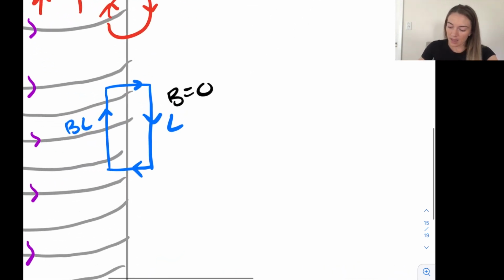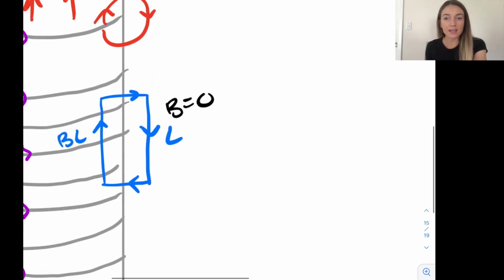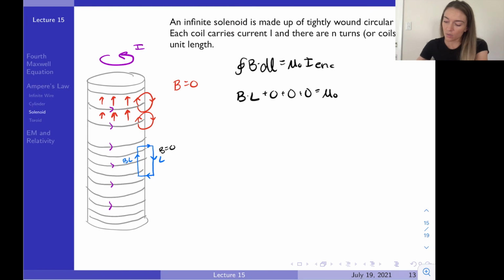So how much current is enclosed in this portion of my solenoid? Well, typically for solenoids, they'll tell you the number of turns or coils per unit length, and we call that small n. Each coil has some current I, and there are n turns per unit length.